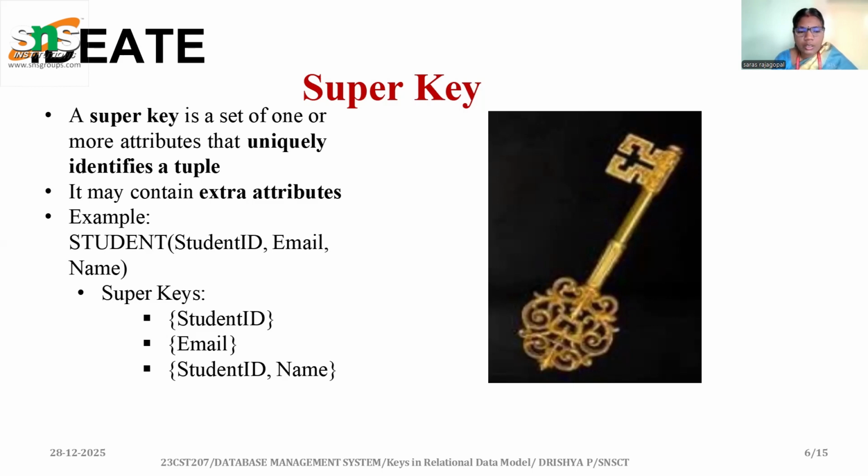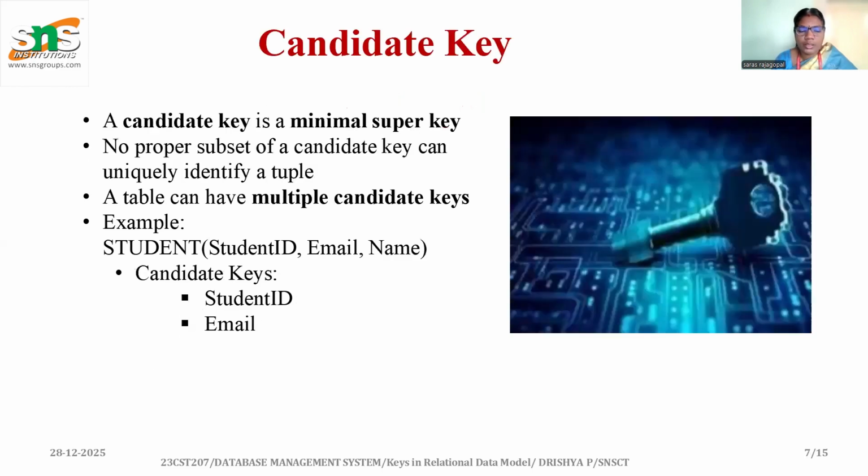Student ID is a key, email is a key, and student ID with name, both of them we can call a super key. Super key is a collection of keys.